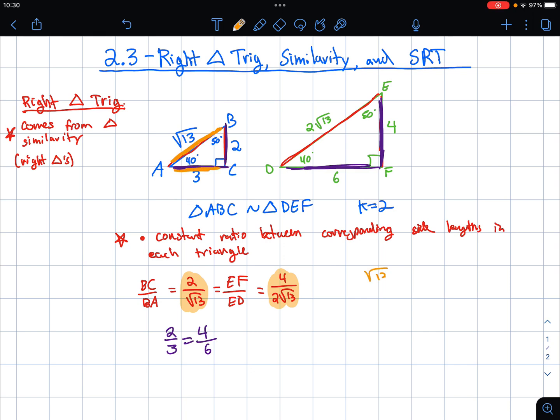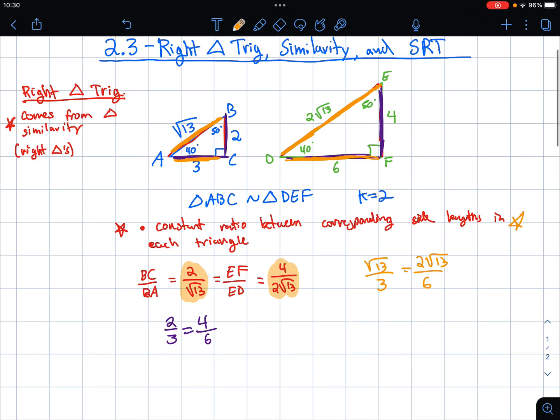So square root 13 over 3 would be equal to the hypotenuse of DEF, 2 root 13, over the bottom side DF, 6. And root 13 over 3 is the same thing as 2 square root 13 over 6. So this main idea checks out: there's a constant ratio between corresponding side lengths. And that's where trigonometry is built from.